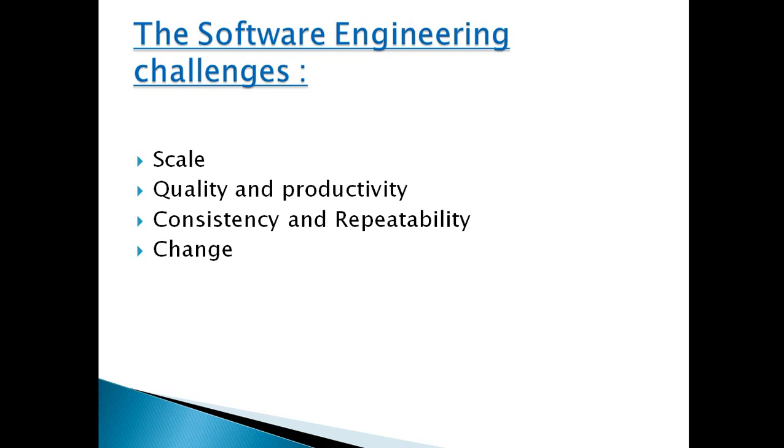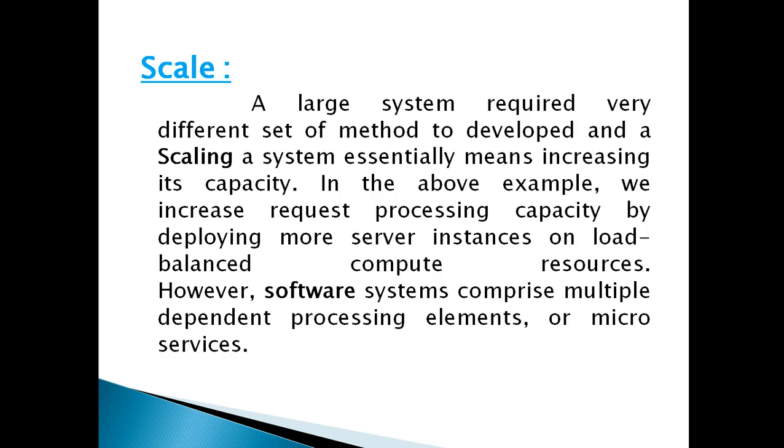So these can be classified into four categories: scale, quality and productivity, consistency and repeatability, and change. We see them one by one. Scale. You look at the screen. You can see a large system requires a very different set of methods to develop, and scaling a system essentially means increasing its capacity. In the above example, we increase request processing capacity by deploying more servers instead of load balancing compute resources. However, software systems comprise multiple dependent processing elements or microservices.